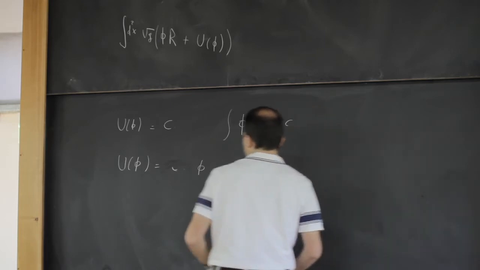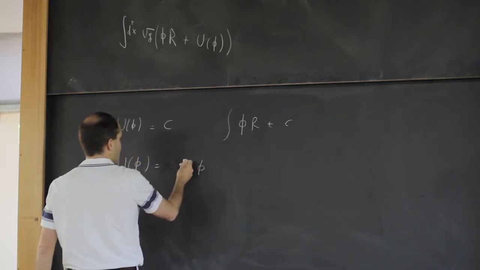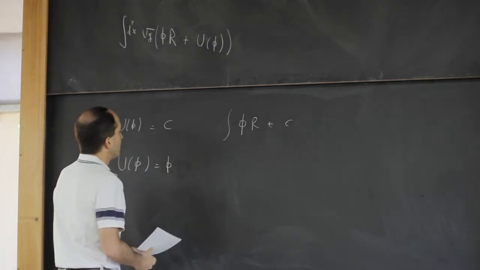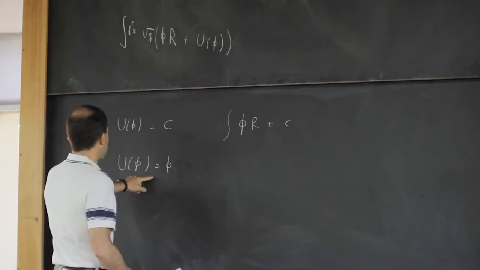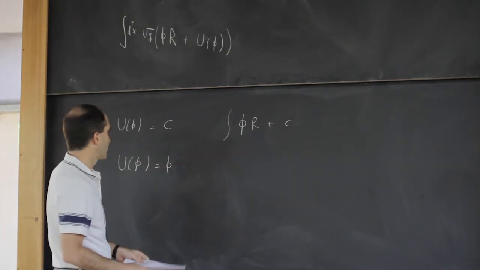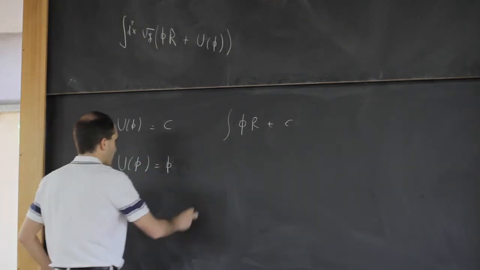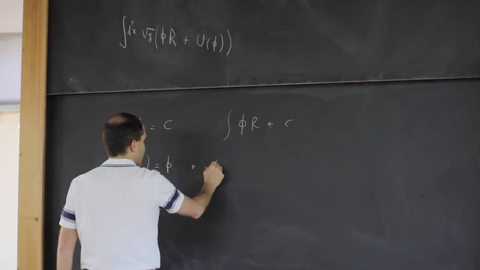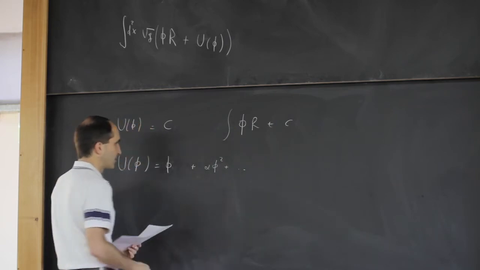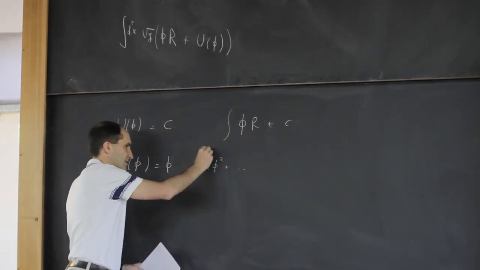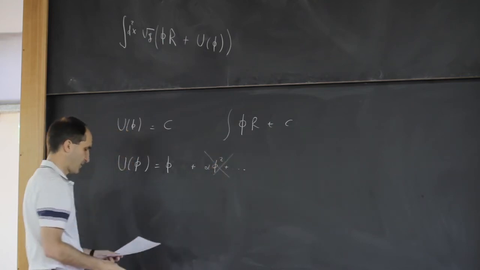So we can just simply say that U equal to phi is the next case that we would like to consider. So the next case we consider is this one, and that's the case we are considering now. And then you could, in addition, have some other terms like alpha phi squared and so on. And this would be corrections to what I'm going to say. I'm going to ignore these terms for now.